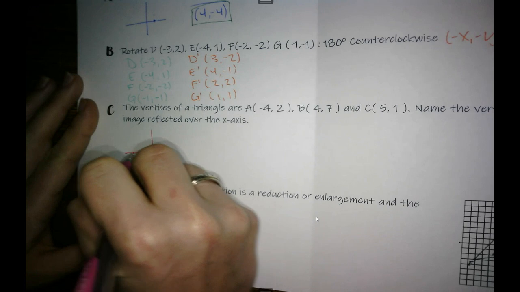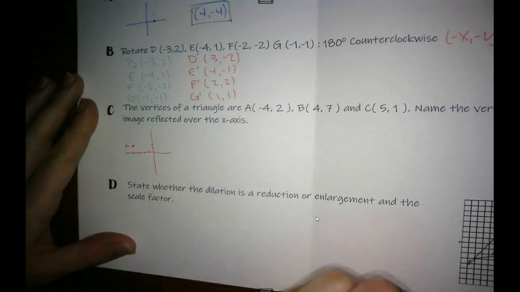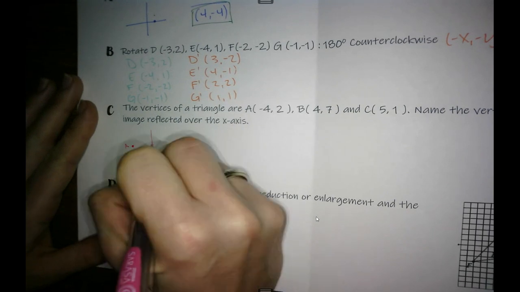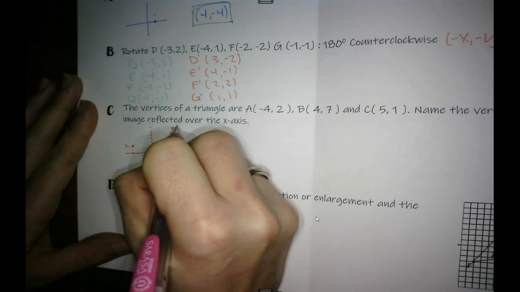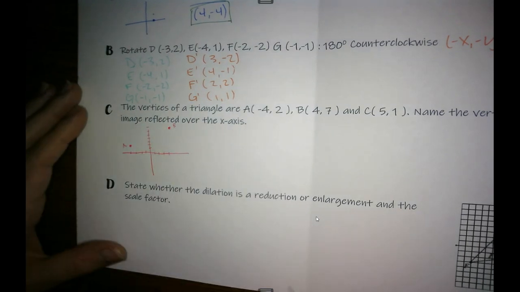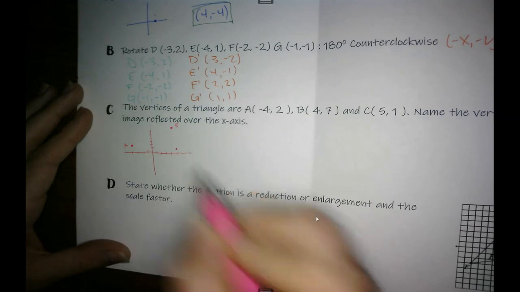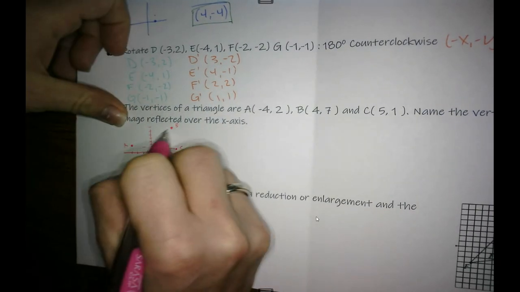There's A. And B. Is it? Let's see. Big triangle.